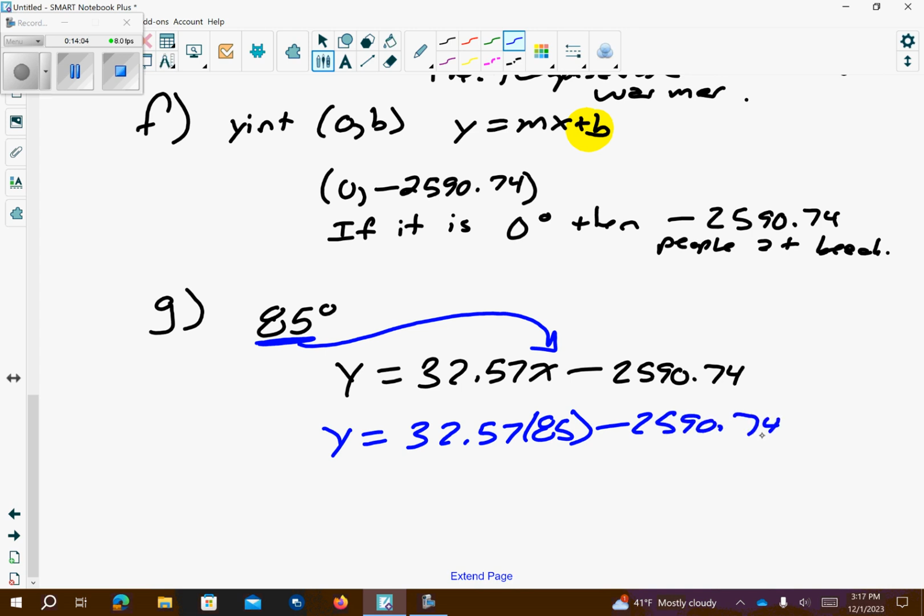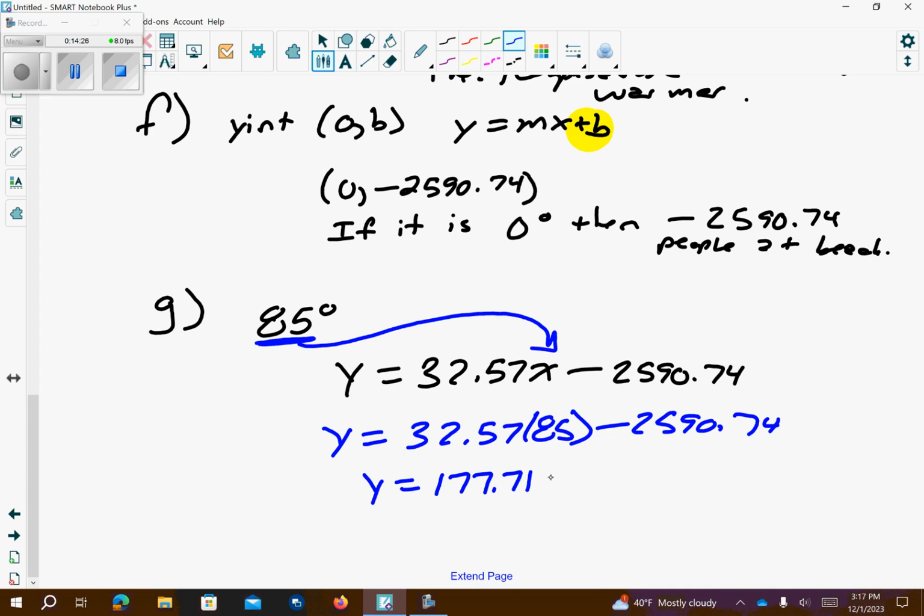So if you do the math, I'm going to go 32.57 times 85 minus 2590.74. So that's going to say that there's 177.71. Okay.